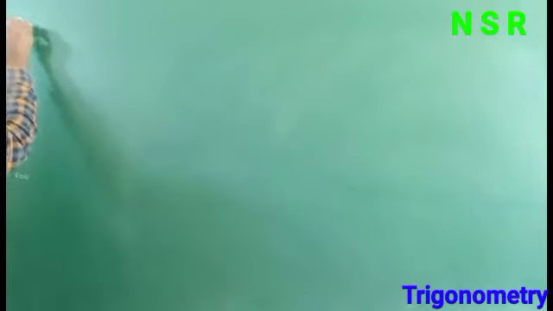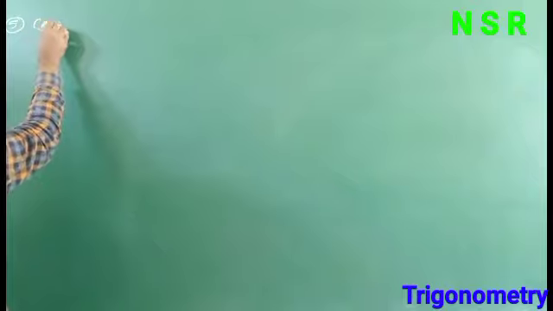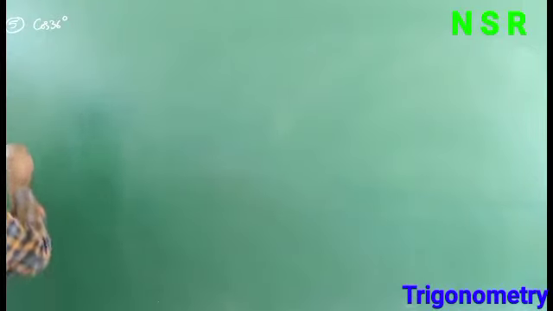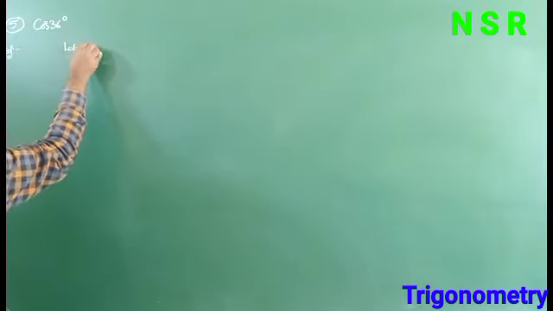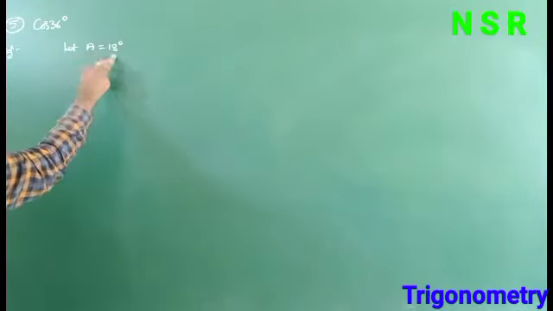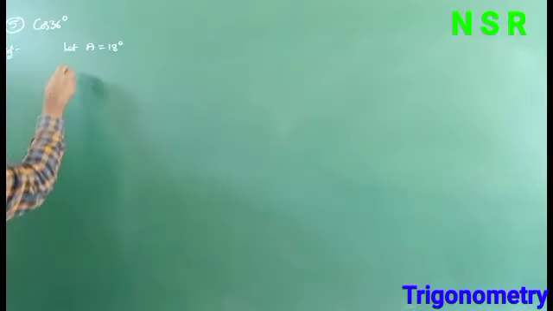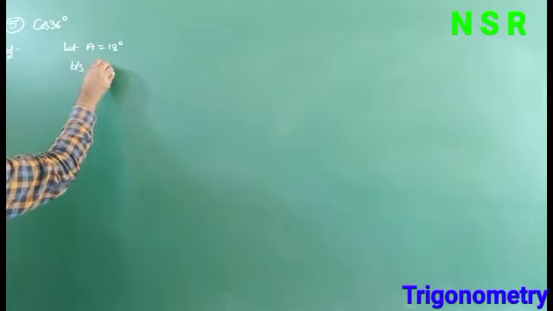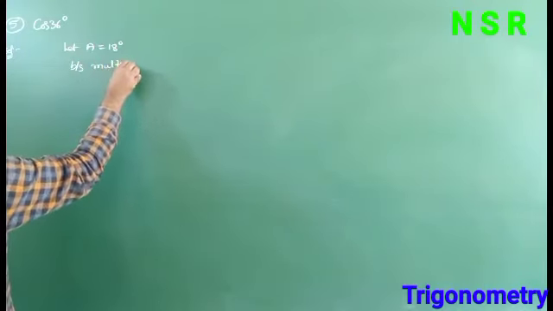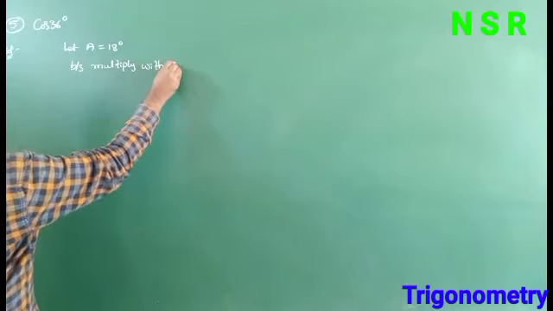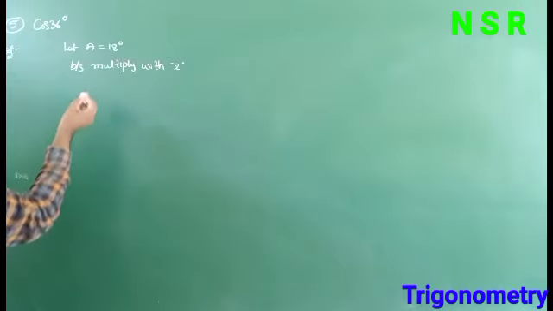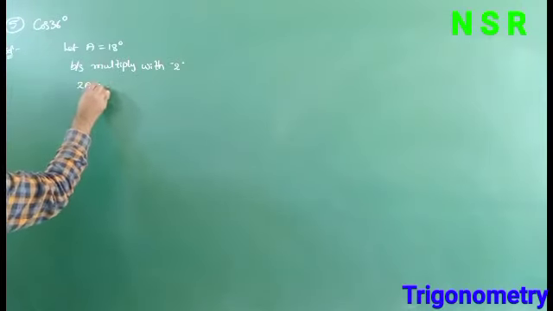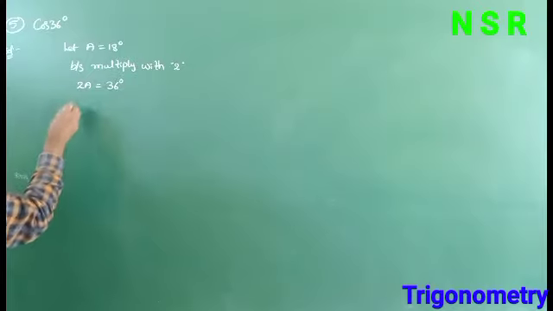So find first cos 36. Cos 36 value. So take a equal to 18. Let a equal to 18 degrees. So multiplying both sides by 2, we get 2a equal to 18 into 2, which is 36.